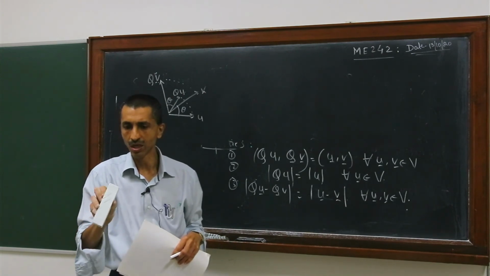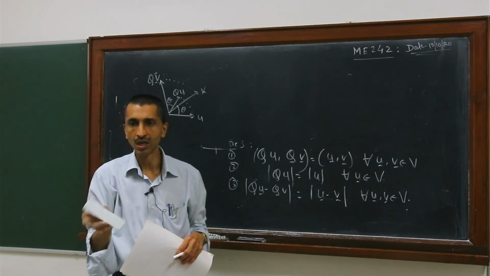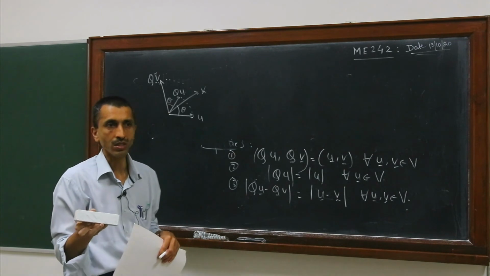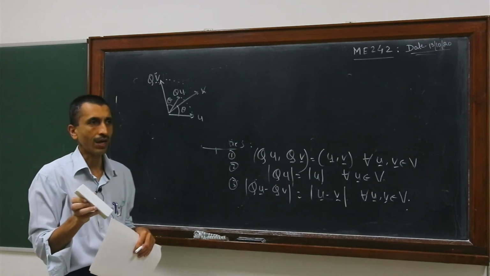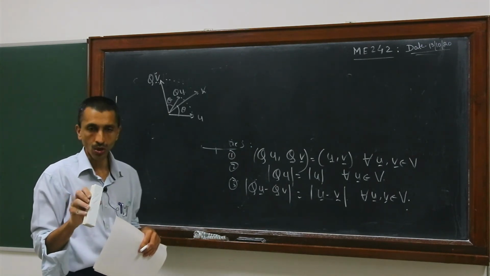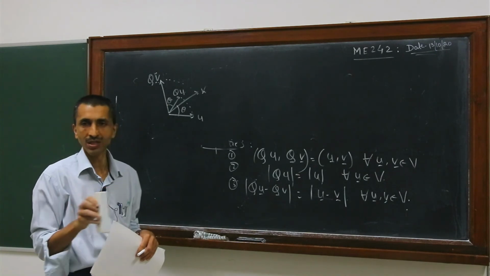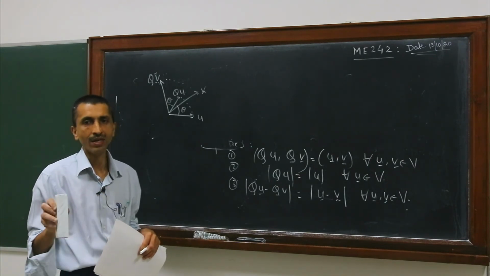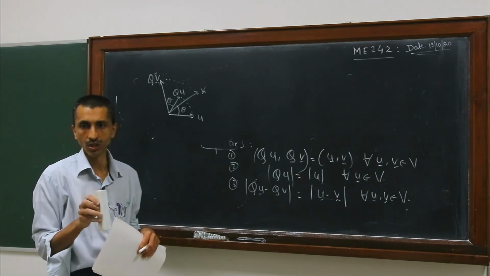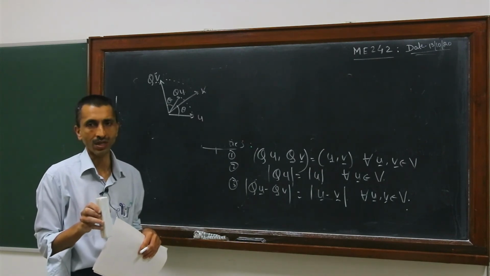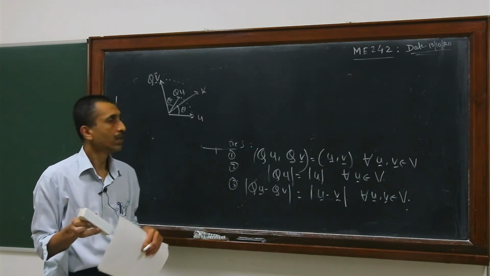So you can see that any rigid motion is a combination of a translation and a rotation. The translation is very straightforward: you just add a constant vector to the original position, and that results in a translation. For a rotation, you have to multiply.